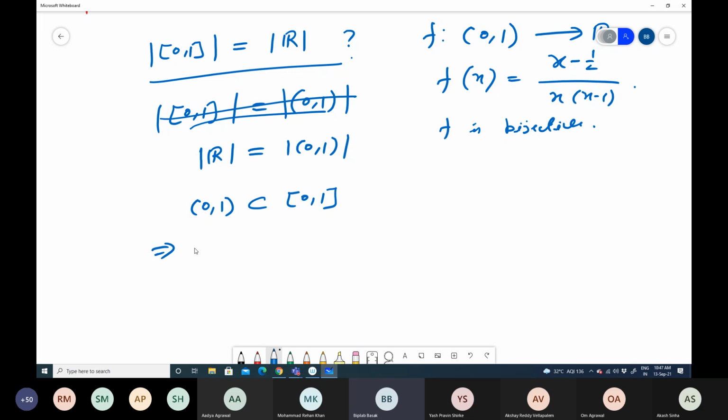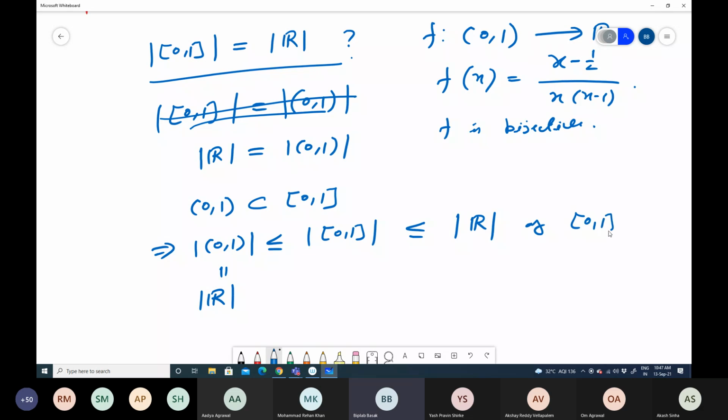So that implies the cardinality of closed [0, 1] is less than or equal to the cardinality of R. So we have this equivalence. Again, (0, 1) is a subset of R. So we are done. That implies the cardinality of R is the same as the cardinality of [0, 1], which is the cardinality of (0, 1).